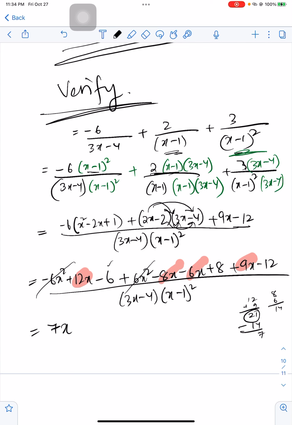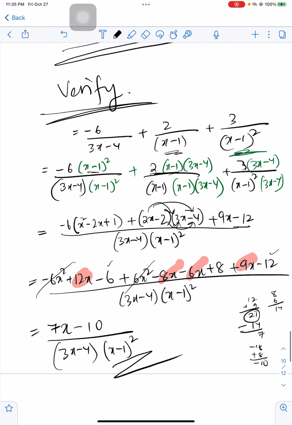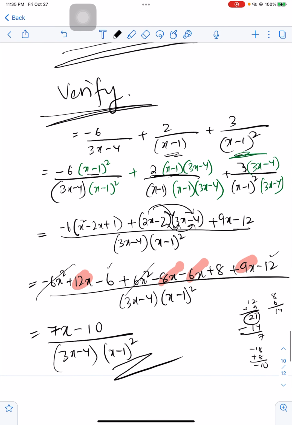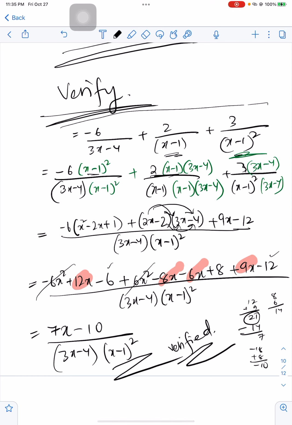Then you have negative 6, negative 12, negative 18 plus 8 is negative 10. Negative 10 over 3x minus 4. So verified. Correct. So that means we are correct. So every time you can check whether your answer is correct or not.